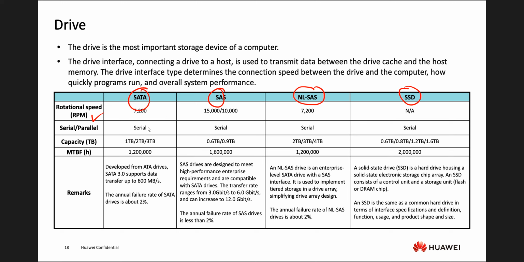You also have to think about how the drive is operated. Is it serial or parallel? Most drives in the server are serial. And then the capacity: how are you going to store data? Later on we'll learn something called RAID, which is basically how you make sure that all the data you store, you can either mirror it or clone a copy of it onto another drive.